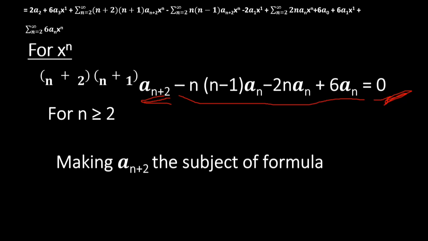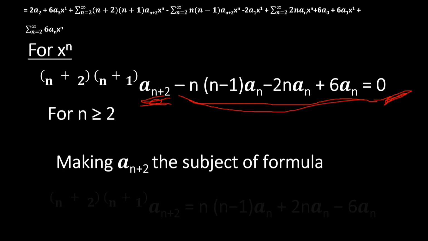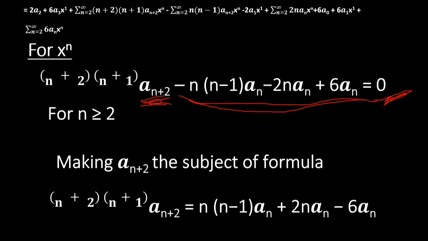So making this a subscript n subject to the formula, as I've explained, as I've told you earlier, that we make this a subscript n subject to the formula. So others like this from here to here we cross to the other side. So we have it to be this. You can see that when this part from here to here moves to the other side, this minus here will change to plus.